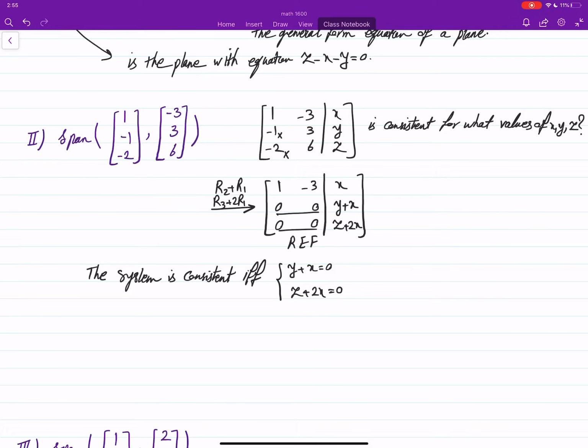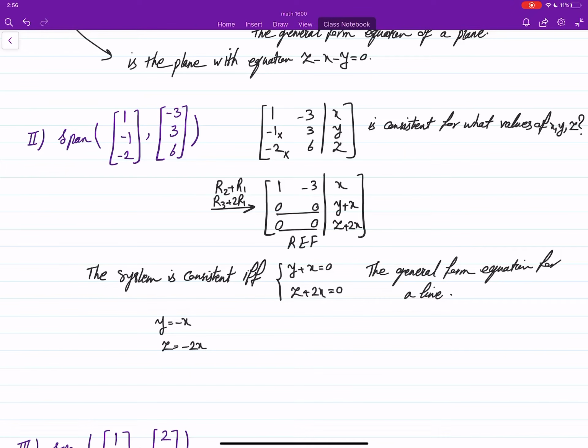And well, you note this thing. What is this? This is the general form equation for a line. Indeed, we can simplify this and find the vector form of it. For example, I can write y is equal to minus x and z is equal to minus 2x.